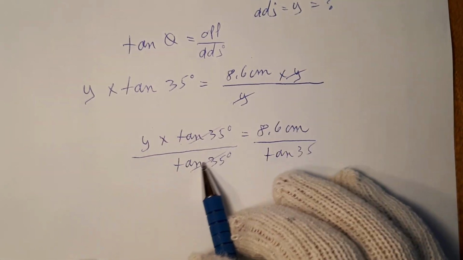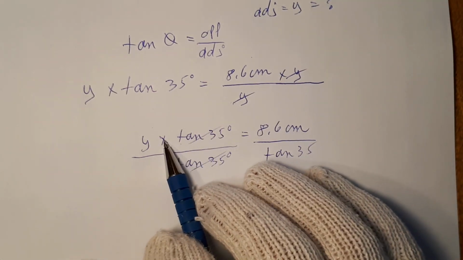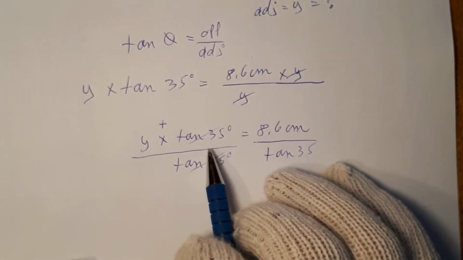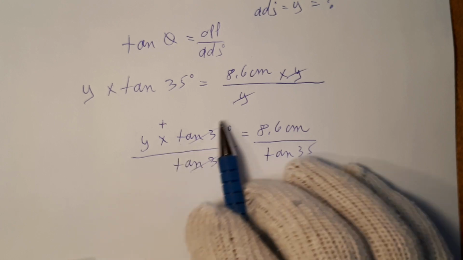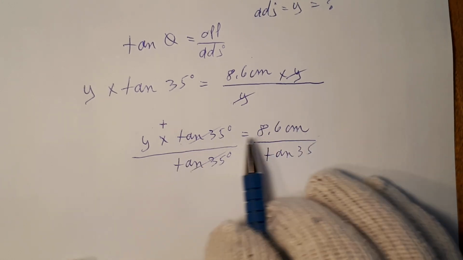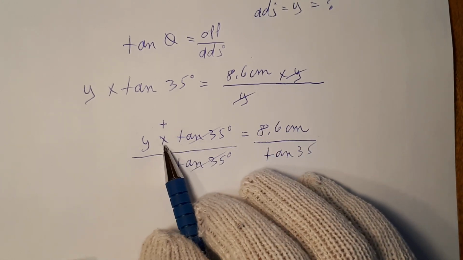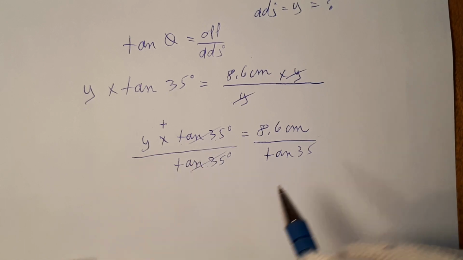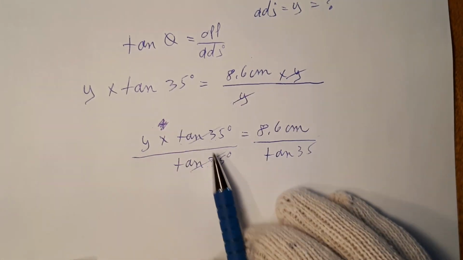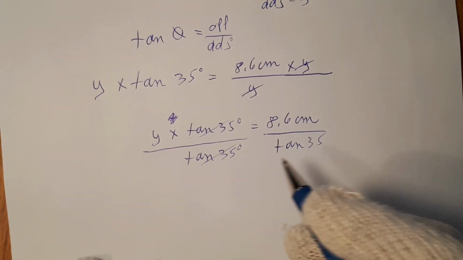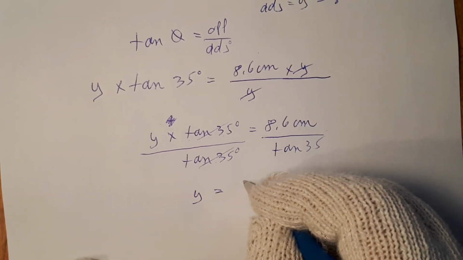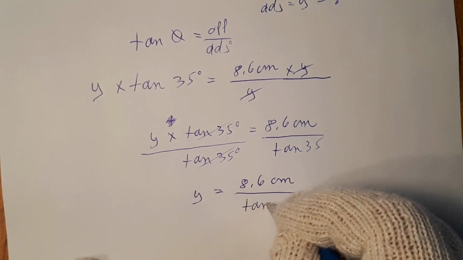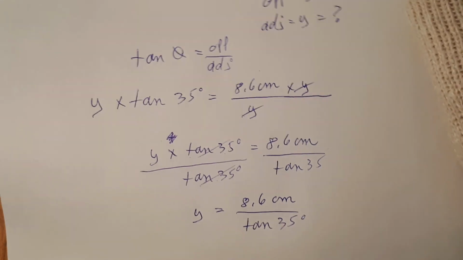Understand, the only reason I'm able to do this is because this is a multiplication sign. Should this have been a plus sign, I would have to take extra steps in order to move this to the right-hand side. But because it's a multiplication sign, everything here is multiplied and divided, we can take a little sort of a shortcut. Cleaning this up a little bit, y is equal to 8.6 centimeters divided by the tan of 35 degrees.